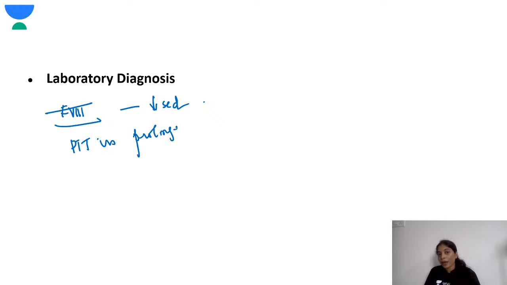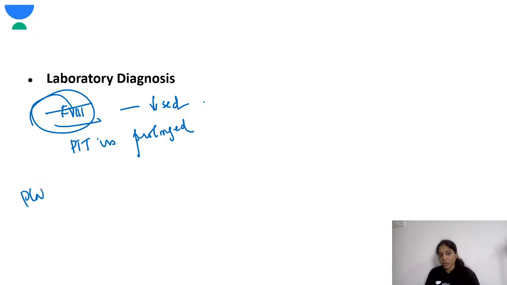Factor 8 is decreased. PTT is prolonged, especially if factor 8 is decreased. So that you should know: if factor 8 is decreased, then the PTT is prolonged.